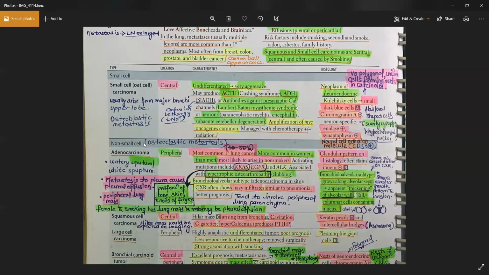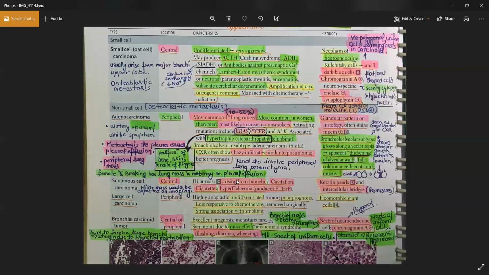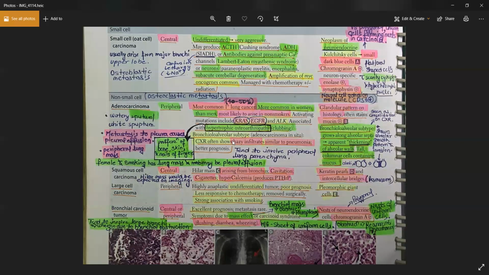So it is always the periphery. The bronchoalveolar subtype can appear as a pneumonia because it has a very hazy appearance, as multiple alveoli could be affected. Septas between the alveoli could get thick because of this cancer infiltration. So it will appear as a pneumonia sometimes. Note this also. Any doubt on adenocarcinoma?